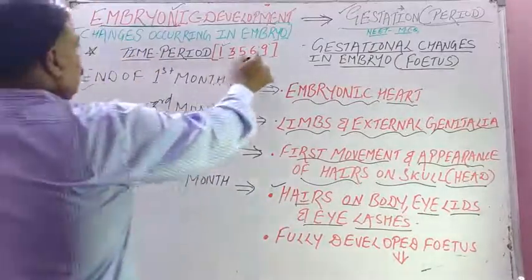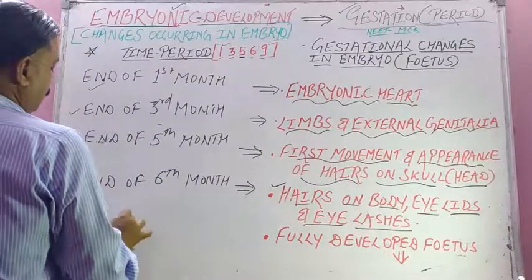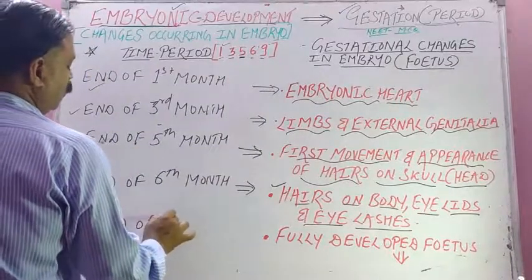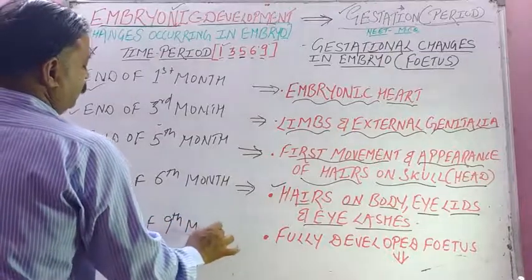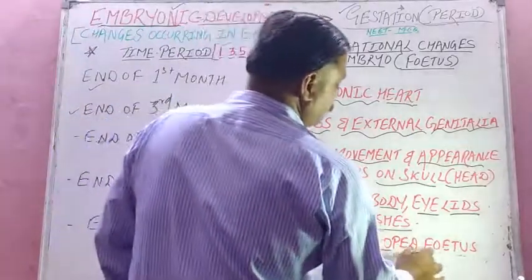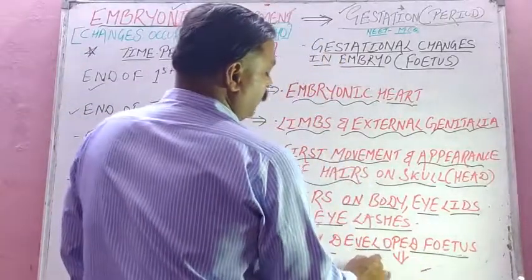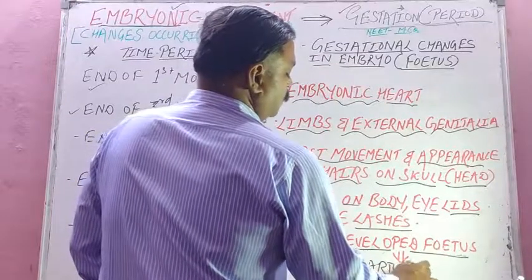And ultimately at the end of the 9th month, that is approximately 270 to 280 days, the fully developed fetus is ready for parturition. Isn't it?